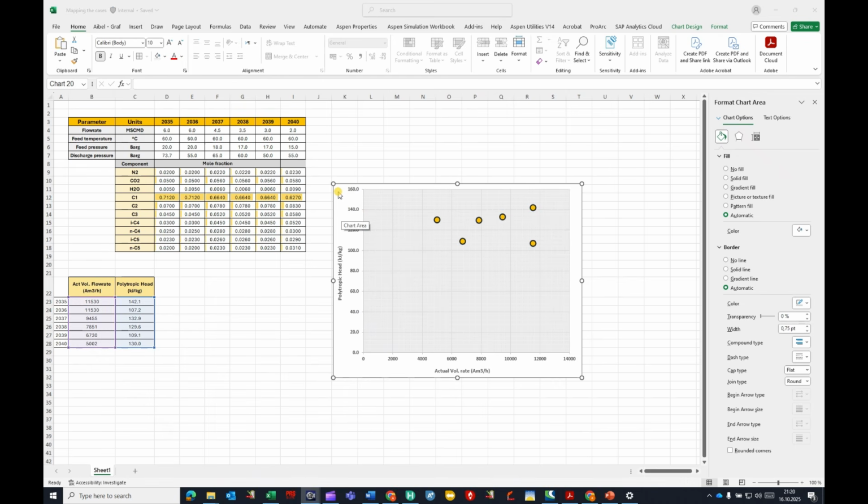Now we map the cases, and it can be used for further analysis, for case selection for the datasheet, and also we can put it on the datasheet on the note side.